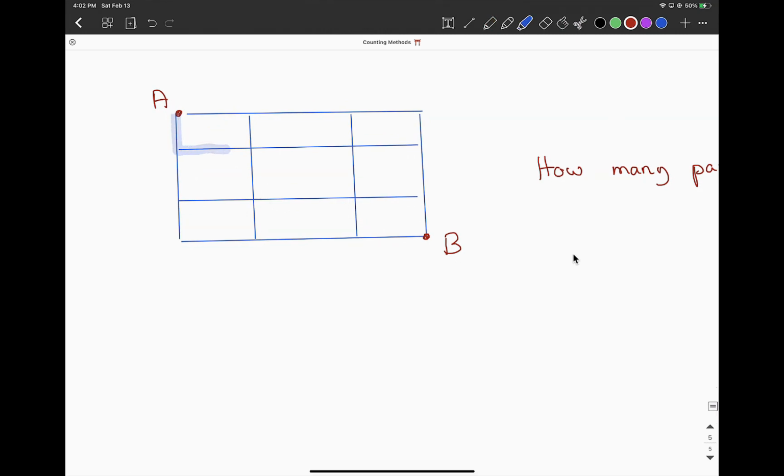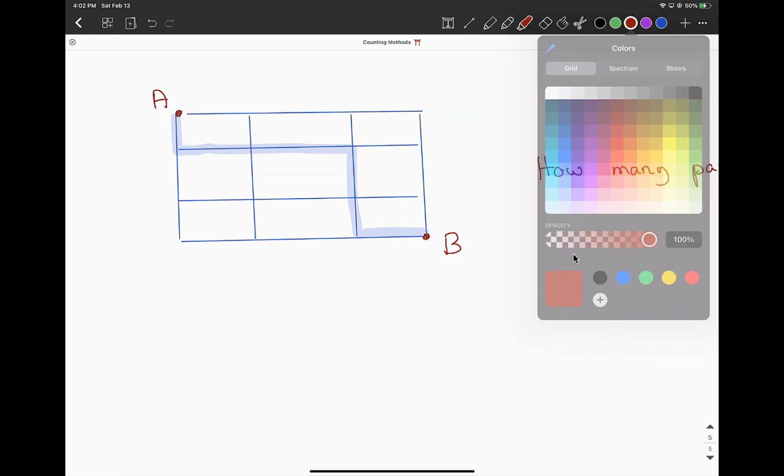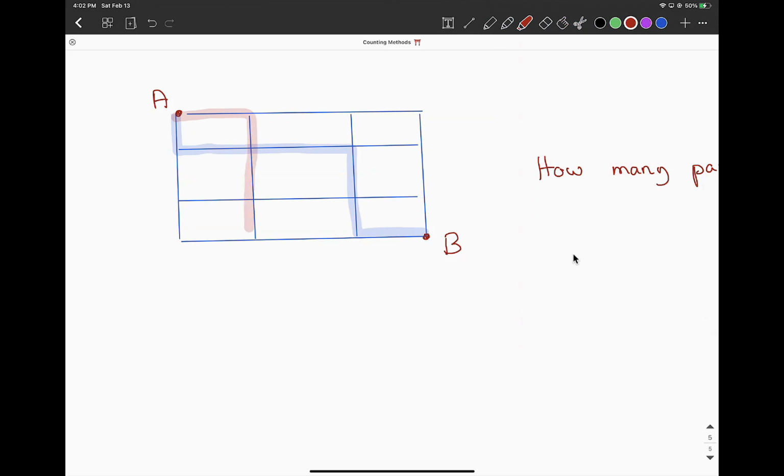Picking any path through this diagram, that's one. I'm probably not going to sit there and try and count out another one or another one. I'm not going to try and sit there and count every path. That's not a good, successful strategy going forward. But here's one path.